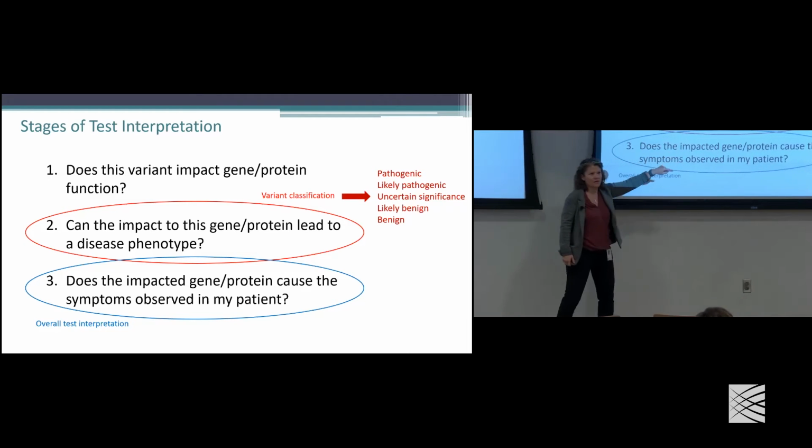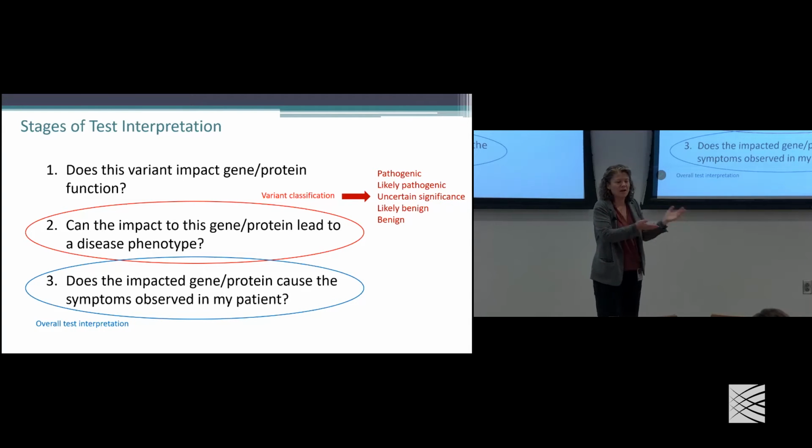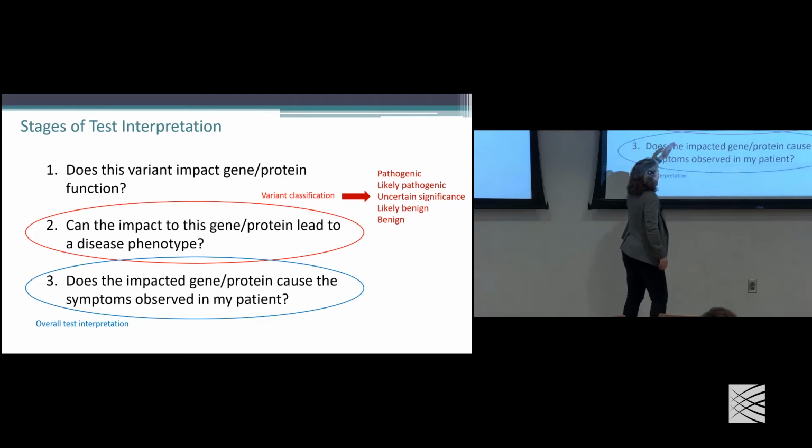But a lot of us do this work for the purpose of the third step, which is, we get a patient in hand and we're trying to say, is your thickened heart due to this pathogenic variant in MYH7 that's associated with hypertrophic cardiomyopathy in a dominant manner? And then we might say, yeah, the variant is pathogenic, but no, I don't think it's causing my patient's phenotype, because that's a Brugada syndrome variant and they have hypertrophic cardiomyopathy.